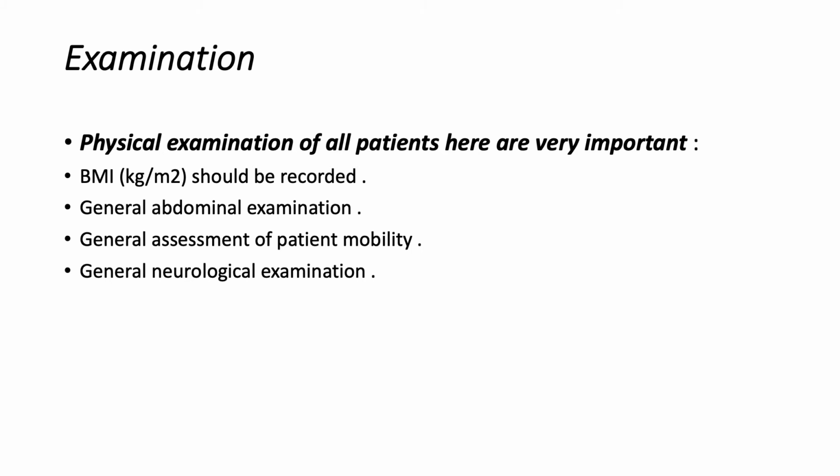The things we have to look for are the height, the weight, the body mass index. This is very important because there is strong evidence linking increased body weight and incontinence. We need to do a general abdominal examination to examine the size of the bladder, if there is over distension, obstruction, a tumor, or tenderness.